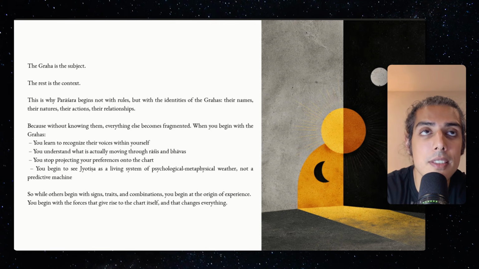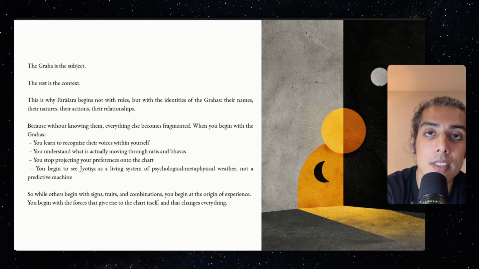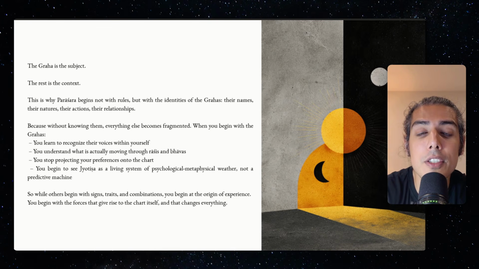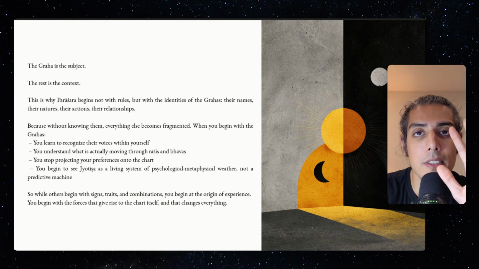That which experiences, which is Sun and Moon, that's where the study starts. You begin with the forces that give rise to the chart itself, and that changes everything, right? The fundamental psychometaphysical structuring principles are the grahas. The Pancha Mahabhutas are the five Pancha Grahas. We don't need Uranus, Neptune, Pluto, probably needs a separate lecture.